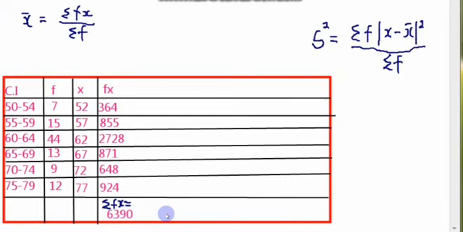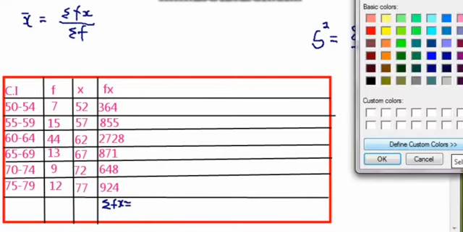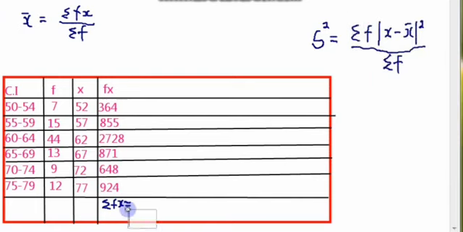So this becomes our summation fx, 6,390.